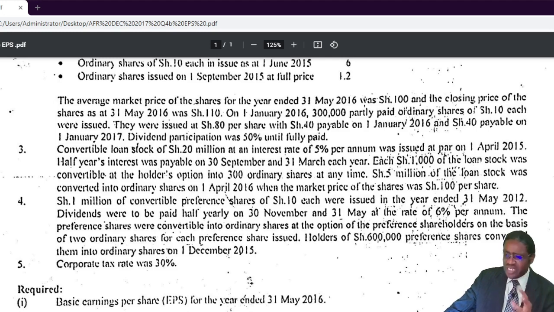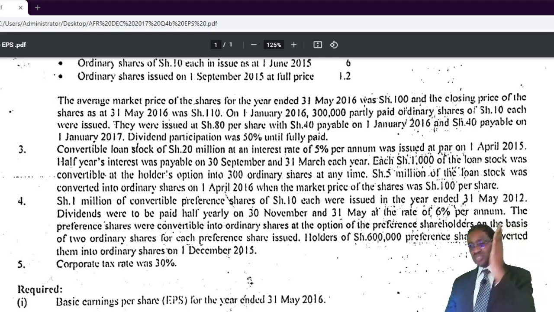So we paid dividends on 1 million for 6 months up to 1st December 2015. Then after 6 months, 600 converted, leaving 400. So we were paid on 400 for another 6 months.